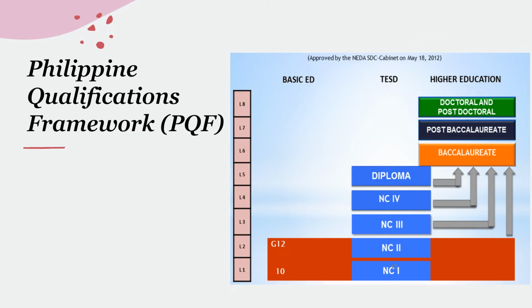And if you have a doctorate degree, or you are considered a doctor, you are now considered as level 8 for our Philippine Qualifications Framework. So it is very important that we have this guide, so that we are able to know the different levelings and the frameworks for this Philippine qualification.